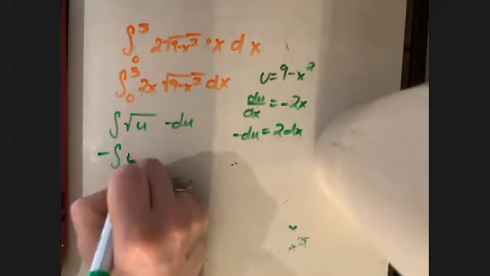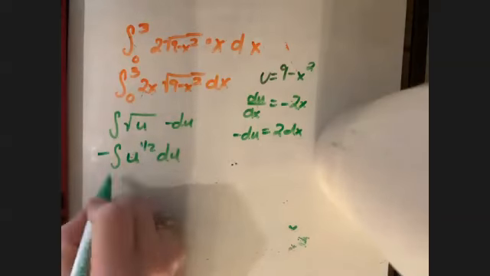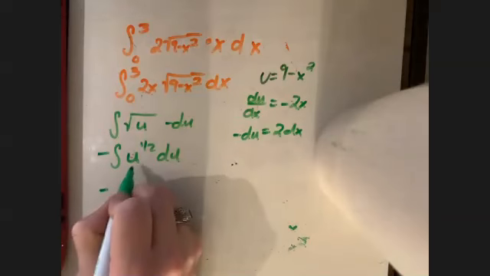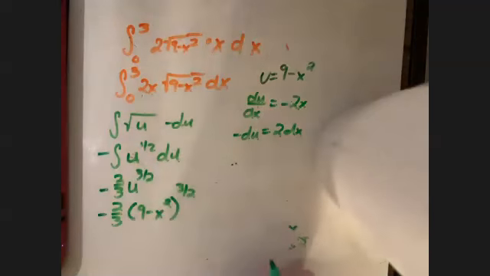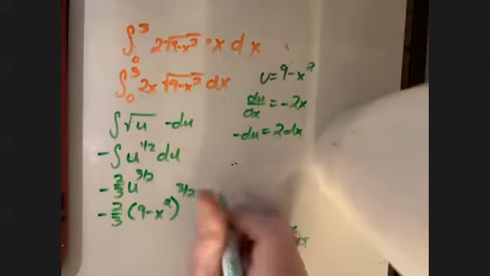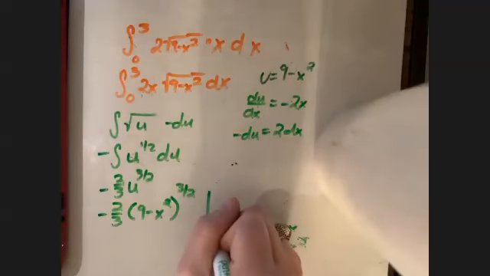So that is u to the 1/2 du. This is going to be negative, that's going to go to u to the 3/2, and it's back to 9 minus x squared to the 3/2. I'm going to evaluate that from 0 to 3.